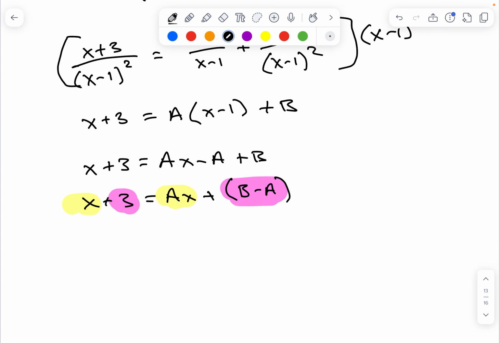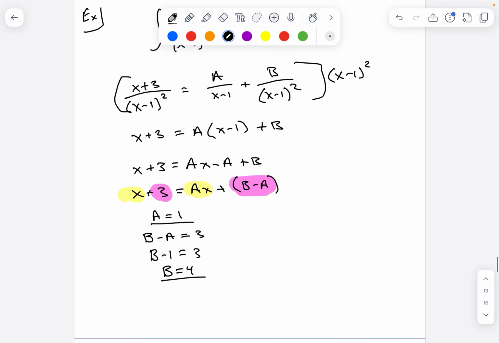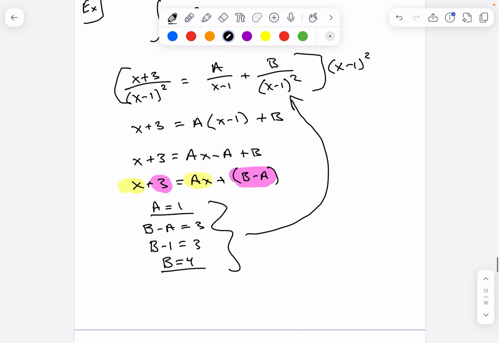So from this, we can see that A is equal to 1, and then we get B minus A is equal to 3. We know A is 1, so this is B minus 1 is equal to 3. We get B is equal to 4. Sweet. Now that we have solved for A and B, we're going to put these back into our decomposition form.